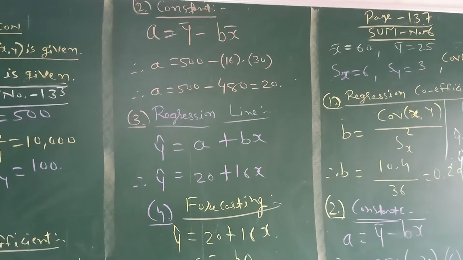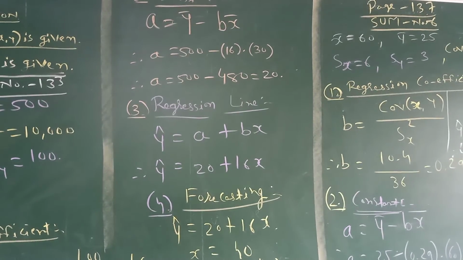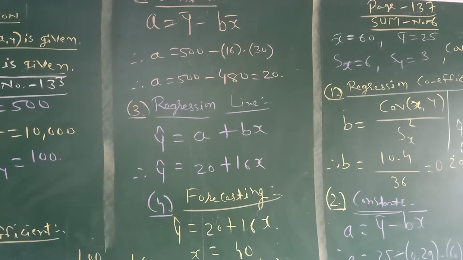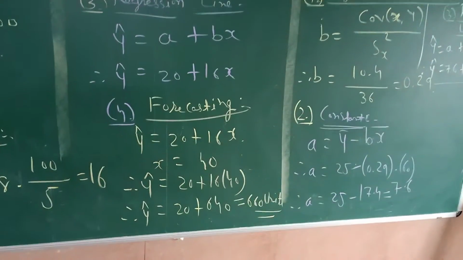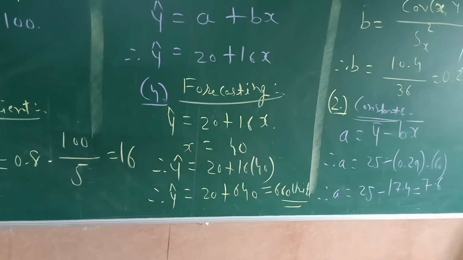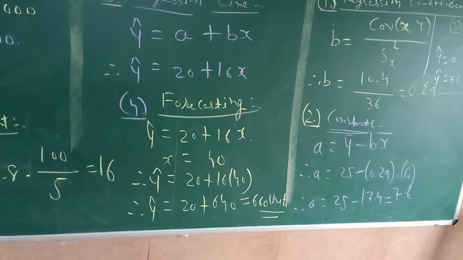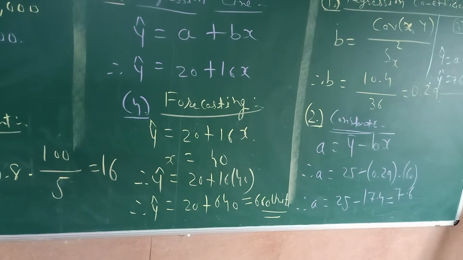Third step we find regression line, A plus Bx. Fourth step we do forecasting. They provided the value of x, 40, so we do the forecasting. So first sum we take when correlation coefficient R is provided.